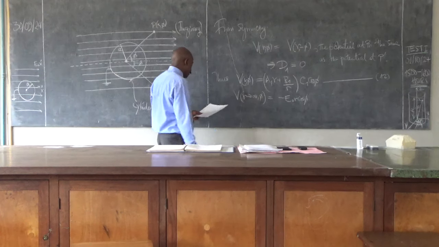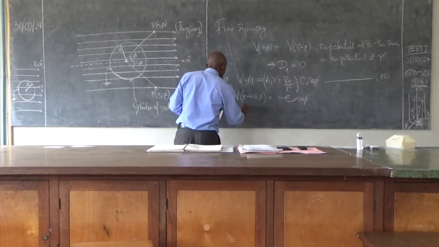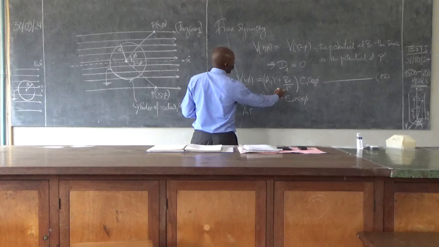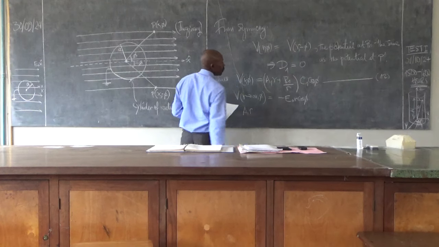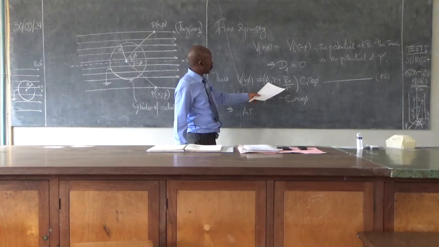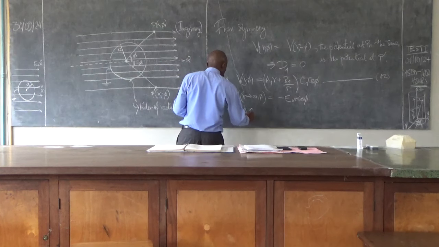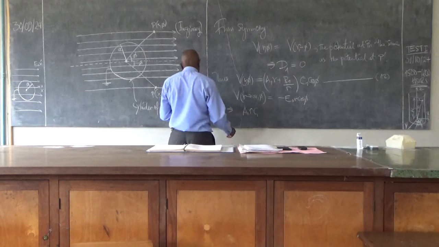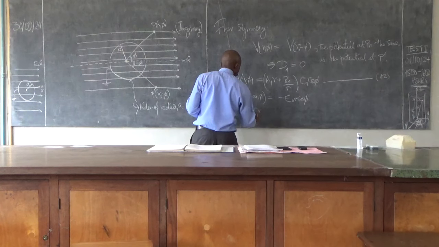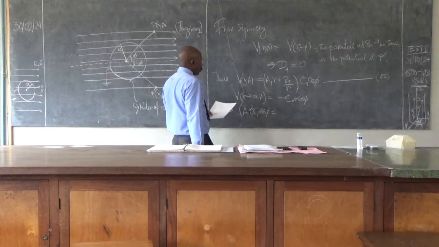This implies that in the A1 R part, when R tends to infinity, this other term goes to 0, so you remain with A1 R plus C1 cos phi, which would be equal to this one here.